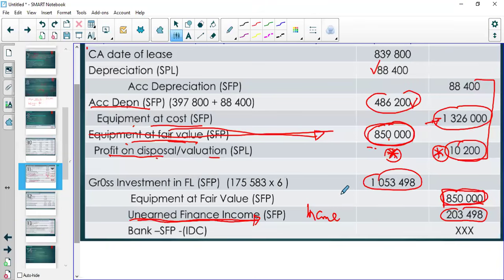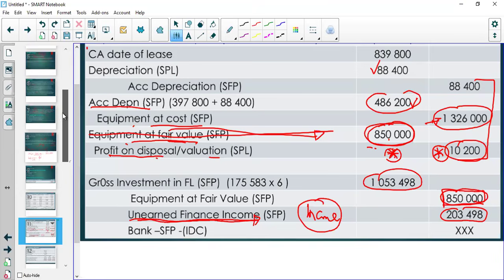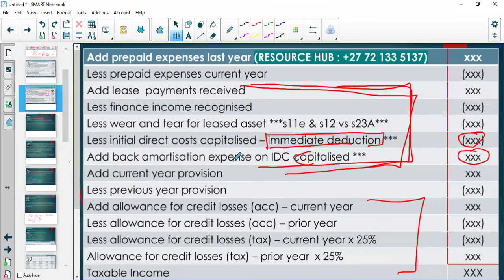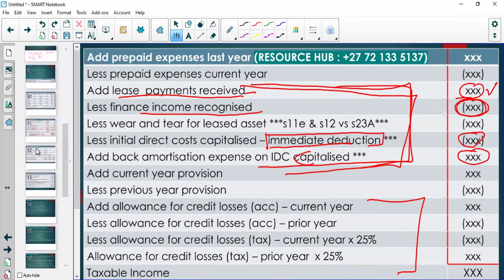And when we calculate current tax, we need to deduct this income and include the actual lease payments received. You will remember that. So this finance income recognized, we have to deduct it, to remove it, because we should be taxed on the actual lease payments that have been received. That's what SARS wants to be included, not this, which we're going to calculate based on the amortization table.